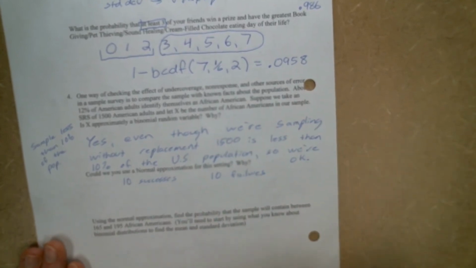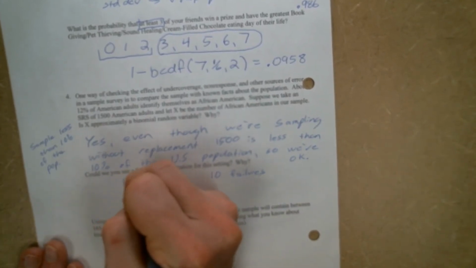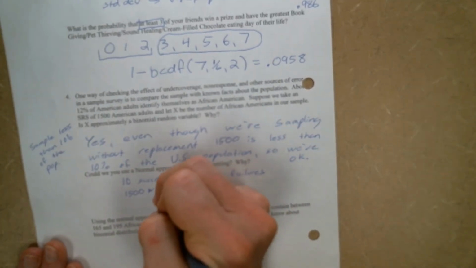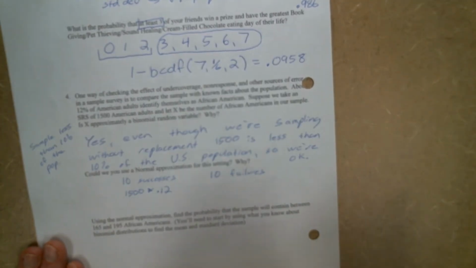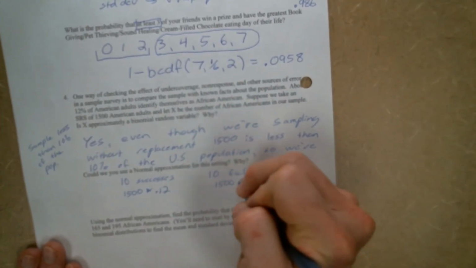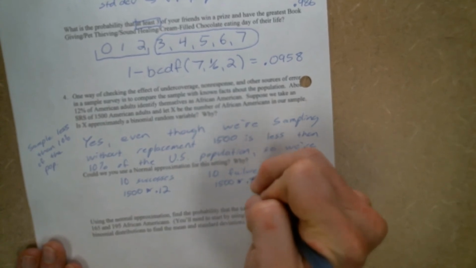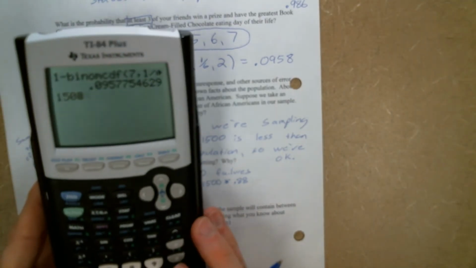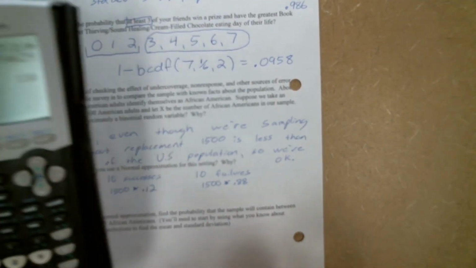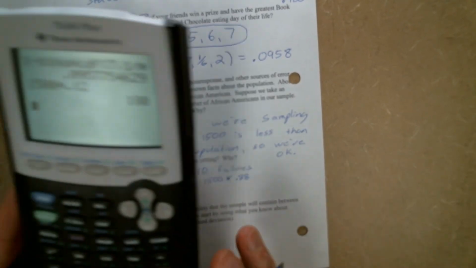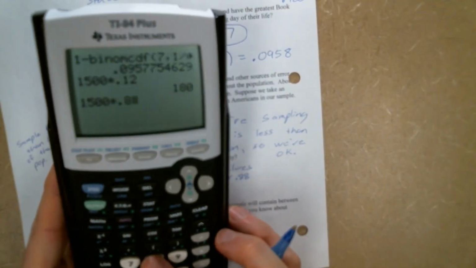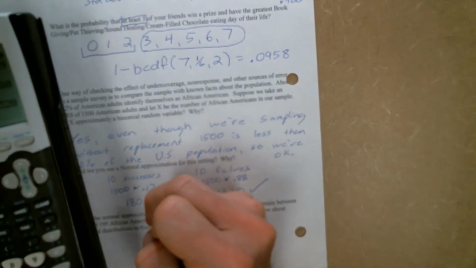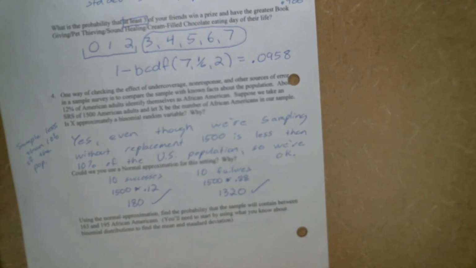In this case, we're surveying 1,500 people, and the chance of being African American is 12%. The chance of not being African American would be 88%. So if we do 1,500 times 12% and get 180, and we do 1,500 times 88% and get 1,320, in both cases, we're above 10.